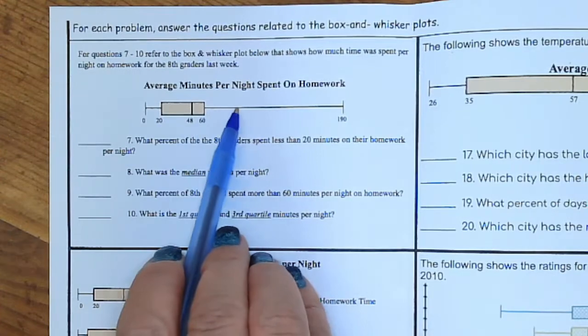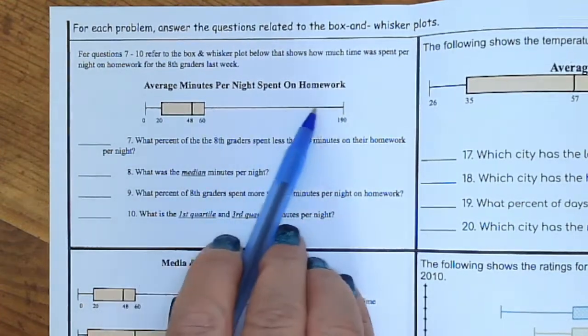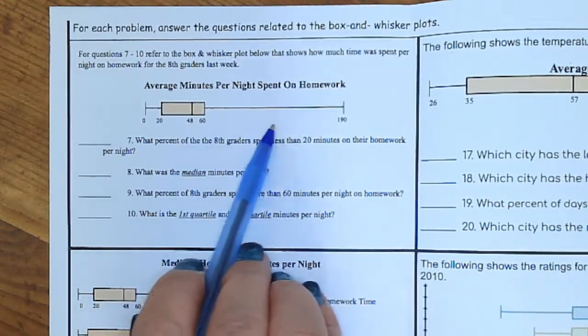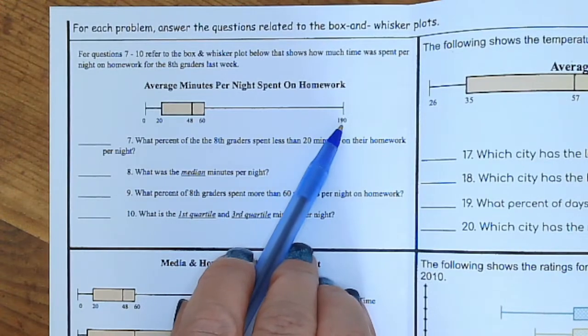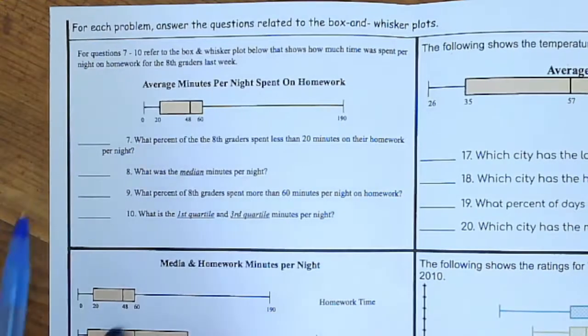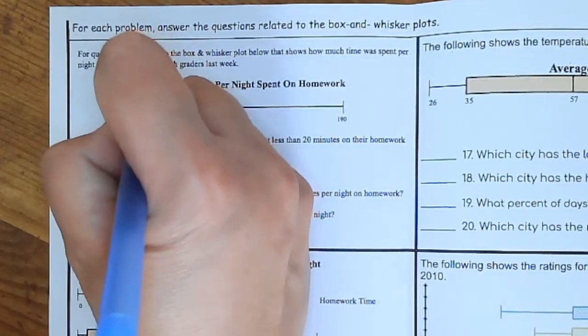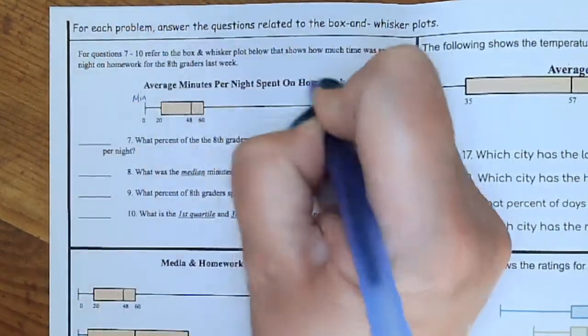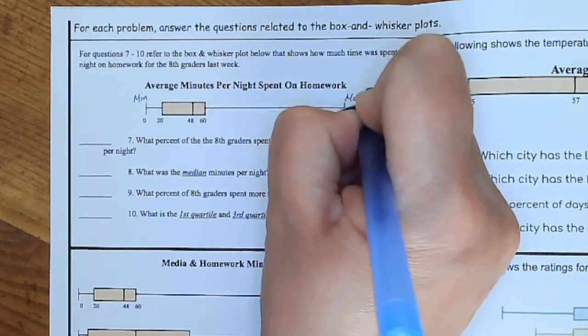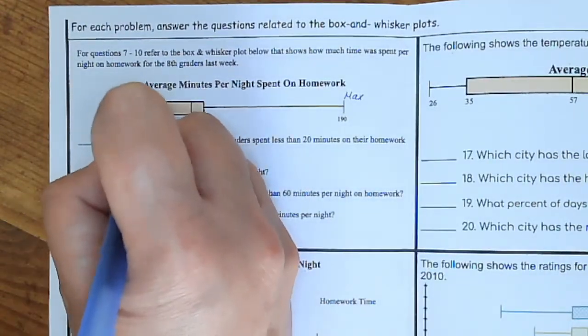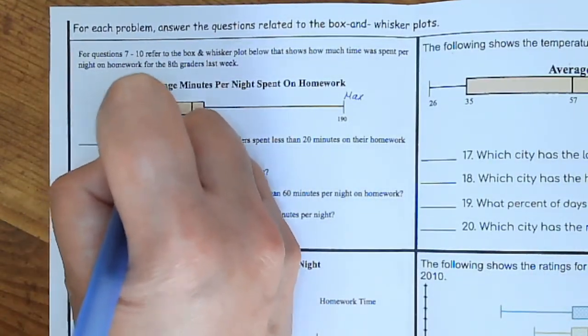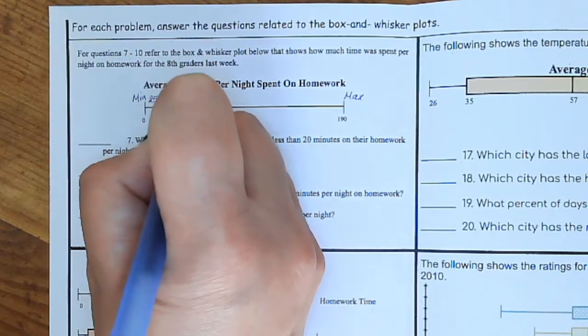And then this part is 25% of students who spend more than an hour on homework. So when I break this down into components, I have minimum, maximum. Remember, every quartile is 25% of the data. So 25%.